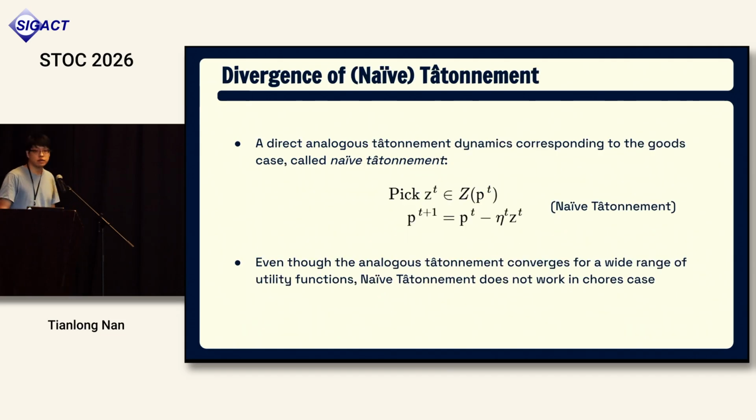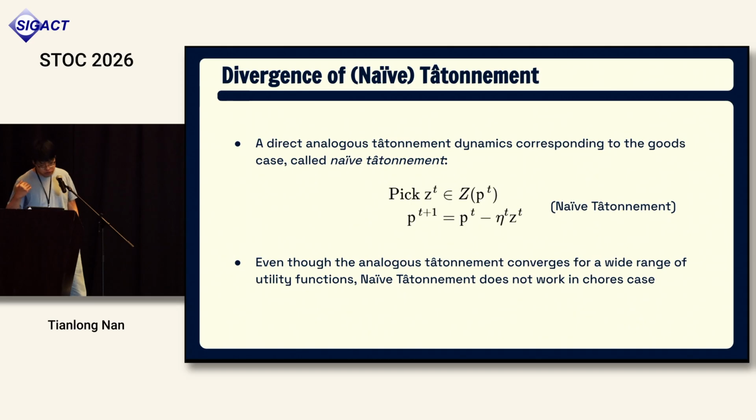So we'll start from the very direct dynamic, the very directly analogous tâtonnement dynamic that just mirrors the goods case. In the goods case, if you want goods to be more attractive, you need to decrease the price.